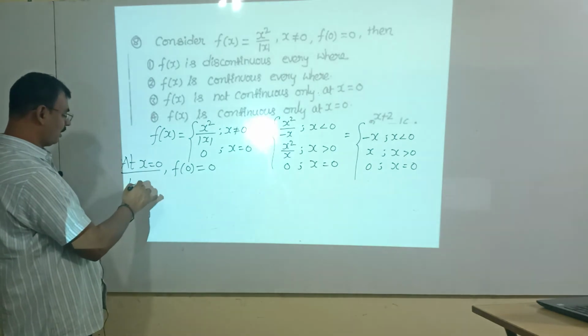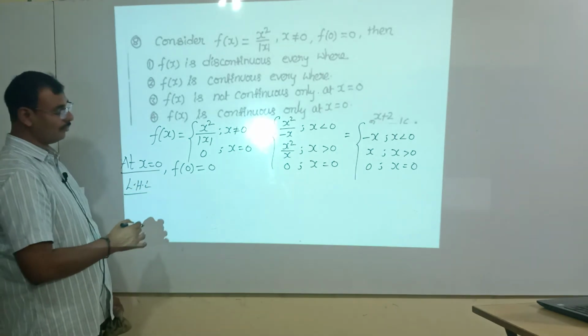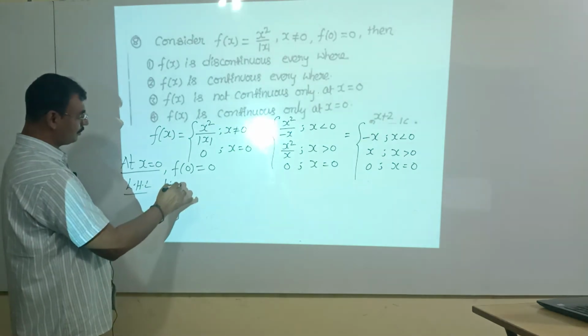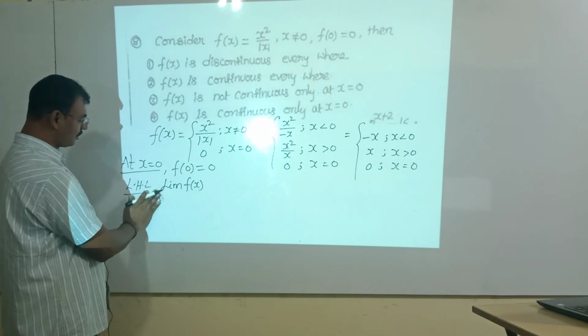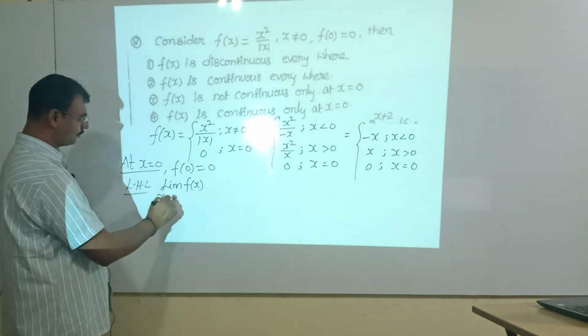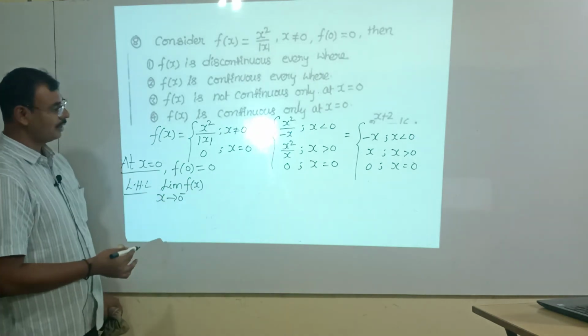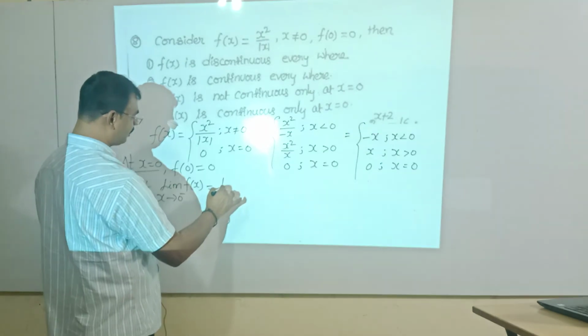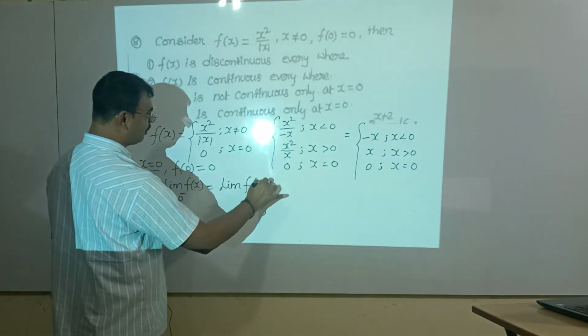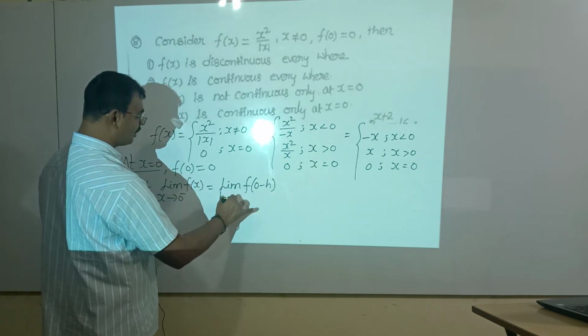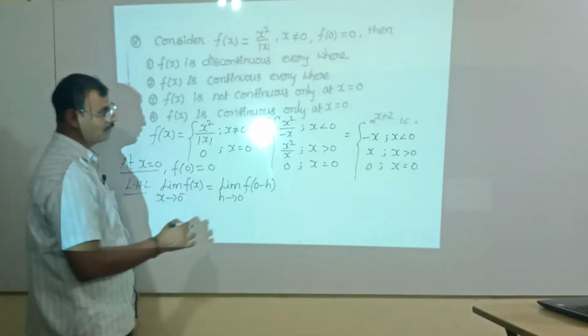Left hand limit to find out LHL. That is the limit of f of x as x tends to 0 minus. This I convert to limit of f of 0 minus h as h tends to 0.